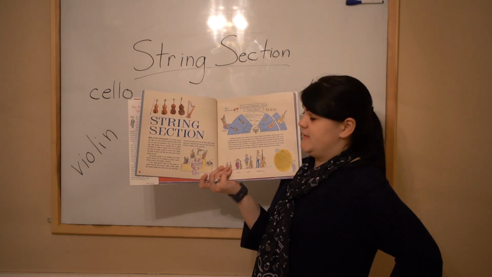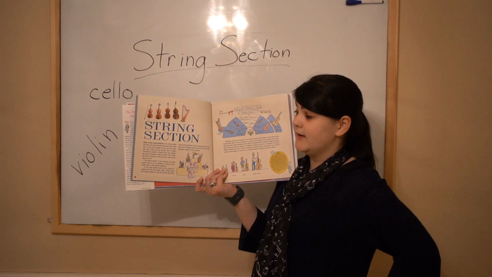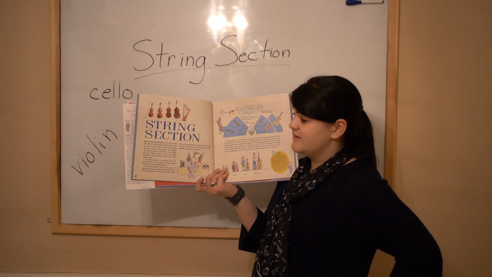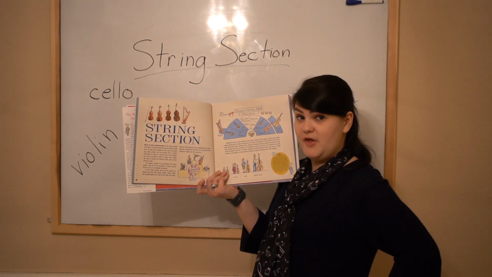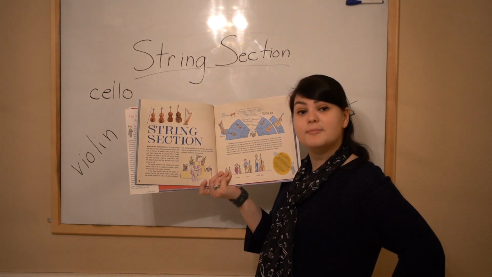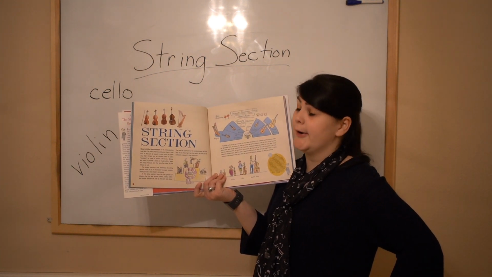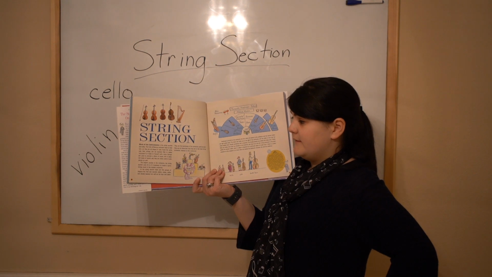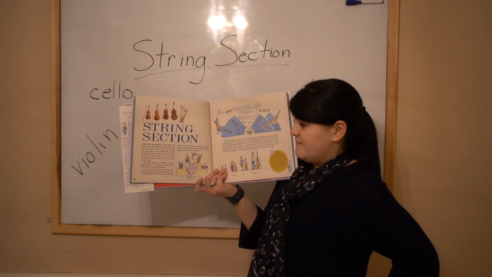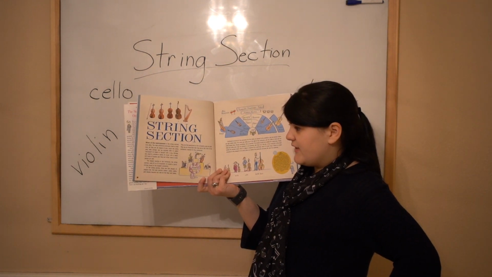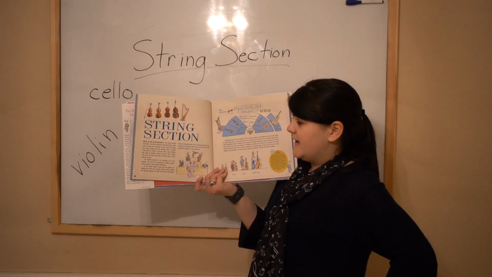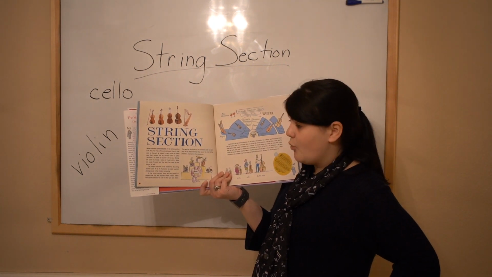Most of the instruments in the string section look alike. The main difference between them is their size. So some are smaller and some are bigger. Let me find my place. Is their size, as they are all played in very much the same way.